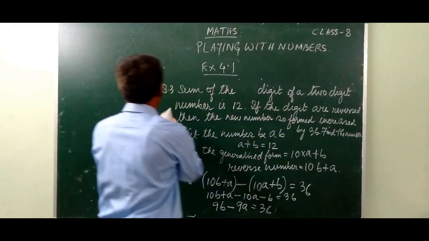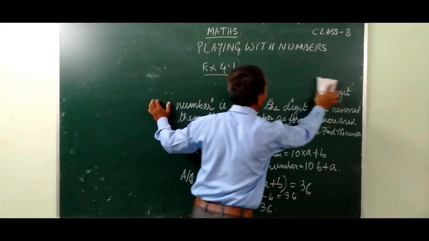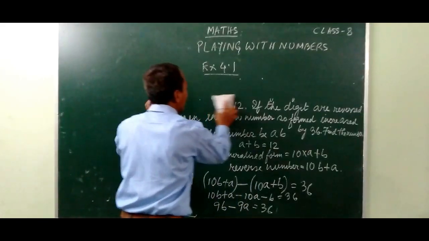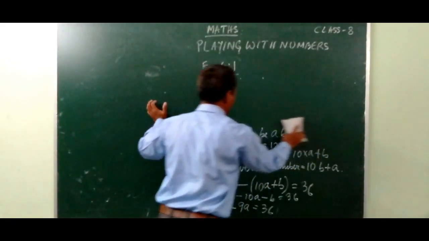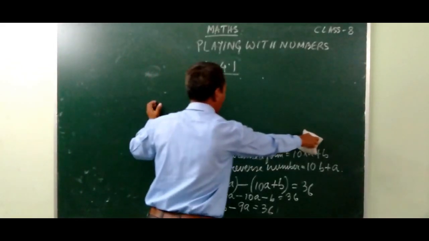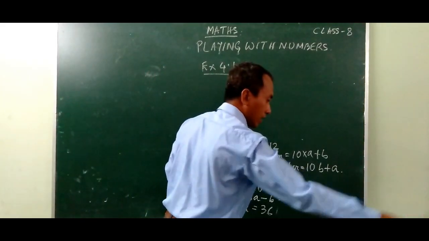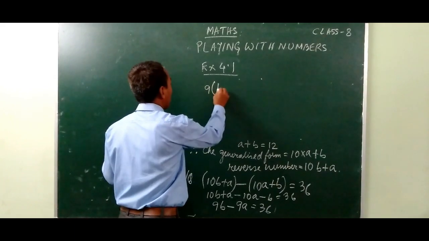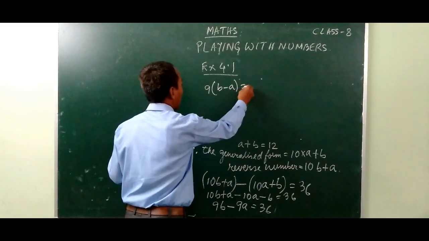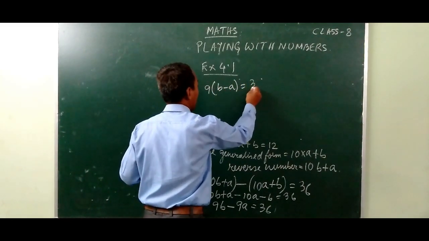May I rub this portion? I'll rub it out. Now you see it nicely again. After this, you can take 9 common from here. 9 into b minus a equals 36.